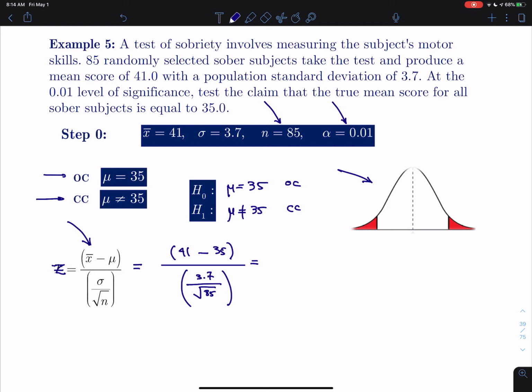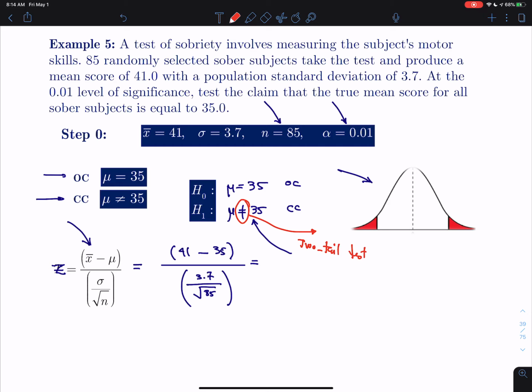Now here, I have to first decide if I have a one-tailed test or a two-tailed test. And as I told you, that has to do with the inequality sign in the alternative hypothesis. Since my inequality sign is a not equal to, that means I'm dealing with a two-tailed test. If my alternative hypothesis was less than or greater than, then I would be dealing with a one-tailed test.